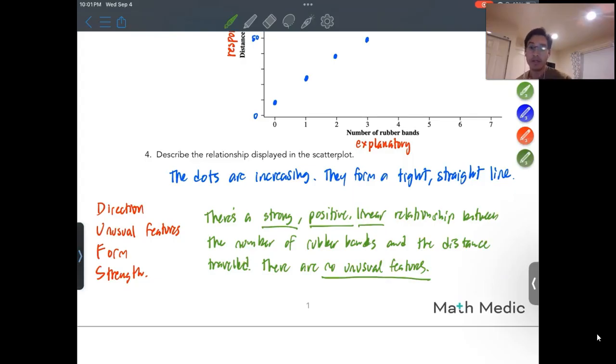Another key ingredient in this response is the context. So I mentioned both the explanatory variable and the response variable in this solution. So we need to include context in addition to the DUFS: direction, unusual features, form, and strength.